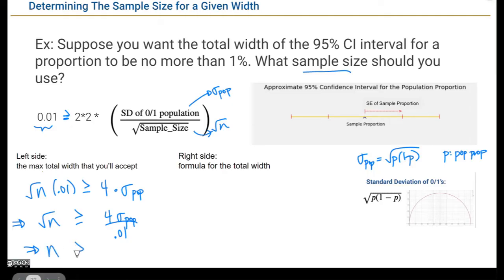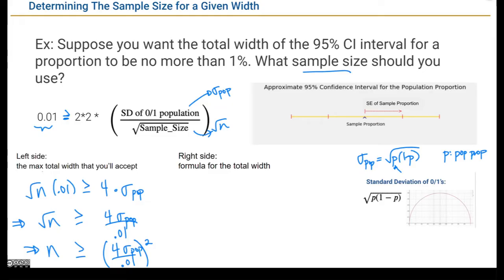These are both positive terms, so this is going to leave the inequality as it stands here. And now I basically need to figure out what to put in for this standard deviation of the population. In the past, we've estimated this by actually using our sample to estimate this population proportion, but I haven't even taken the sample yet. So this is where I'm even more in a stuck situation.